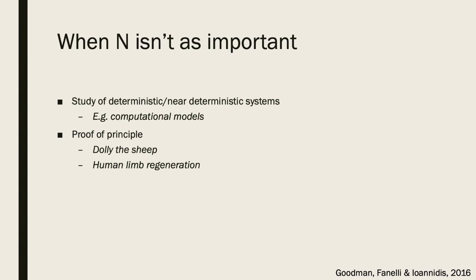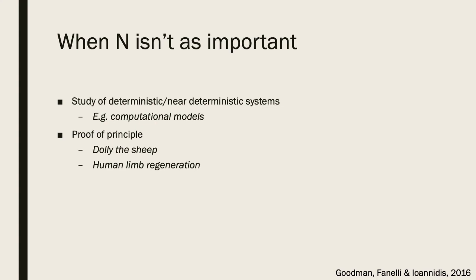The proof of principle idea is obviously important, but I think Dolly the sheep and human limb regeneration are exceptional cases of that, right? Those would obviously command a lot of attention by your peers and by the press. And if you didn't do it right, people would discover very quickly. But most times, proof of principles won't be that.